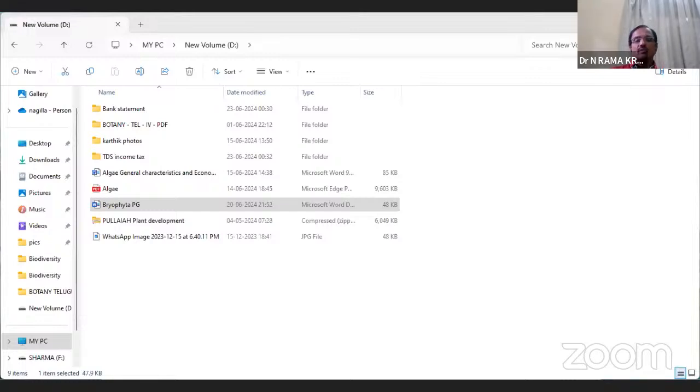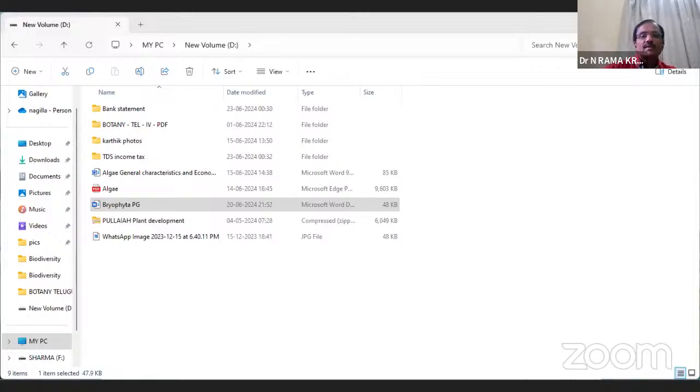Once again, see here a very simple structure of Anthoceros. It has only two parts. One is the epidermis, the second is the parenchyma cells. The epidermis is of two types, upper epidermis and lower epidermis.